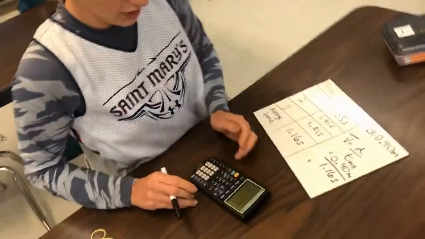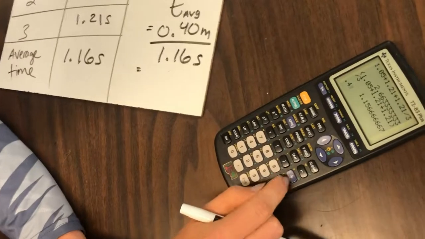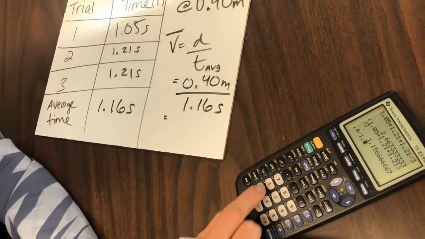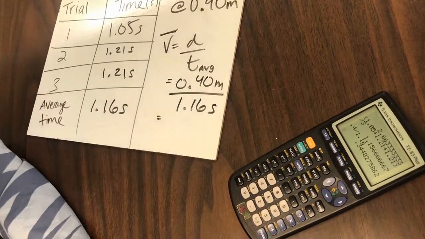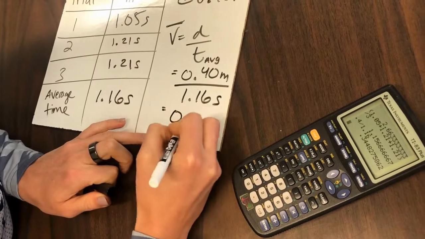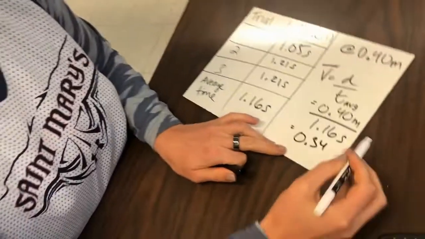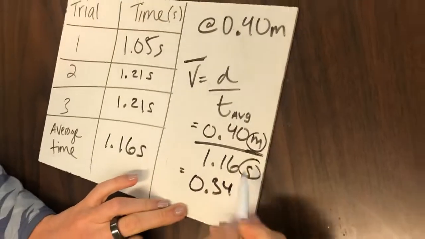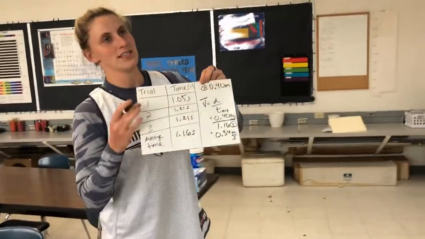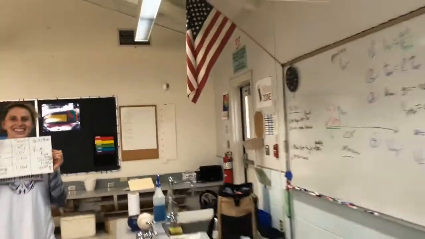Everybody messes up. 0.4 divided by 1.16. I get 0.34. What are our units? Meters divided by seconds. Sweet. All right. So that is our average velocity, ladies and gentlemen, for those 3 trials.